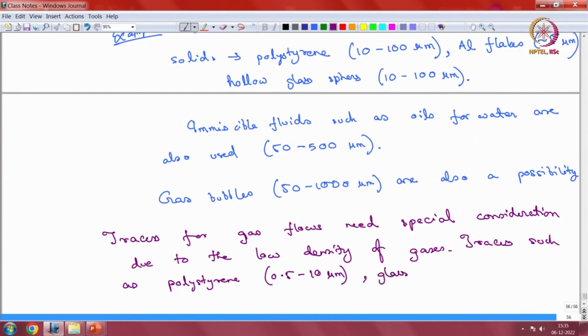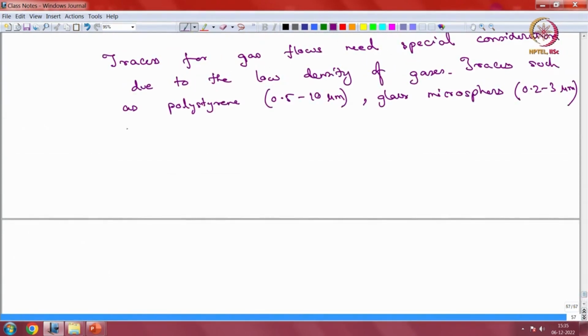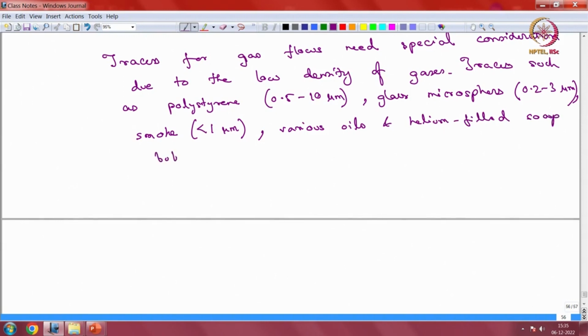Glass microspheres, again a smaller value, let's say 0.2 to 3 microns. Smoke can often have particles that are very small, often less than 1 micron. Various oils, and helium filled soap bubbles have been used in the literature.